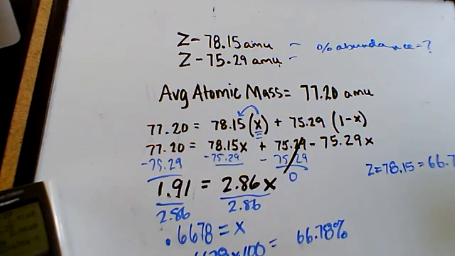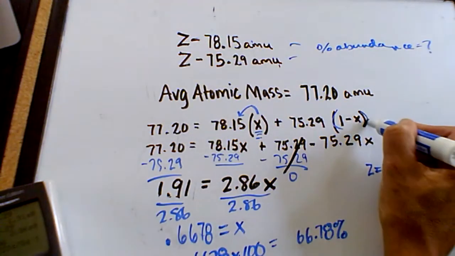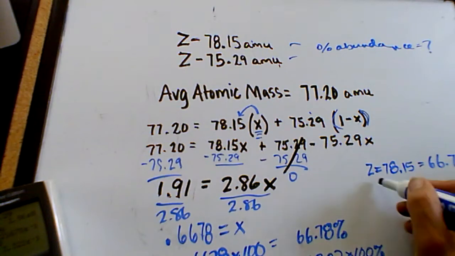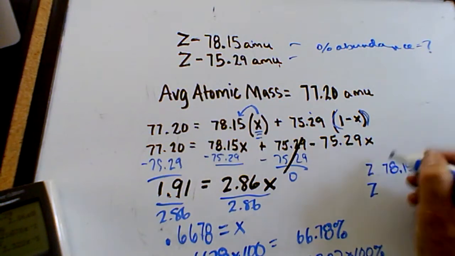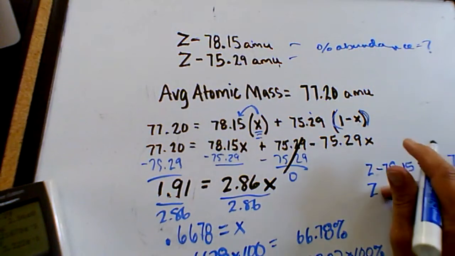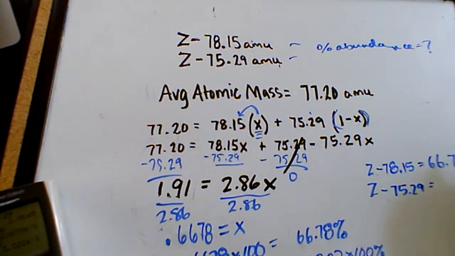And then 1 minus 0.6678. We need to solve for this one. You can almost do that in your head. It's going to be 0.3322, times 100 gives me element Z-75.29 has an abundance of 33.22%.